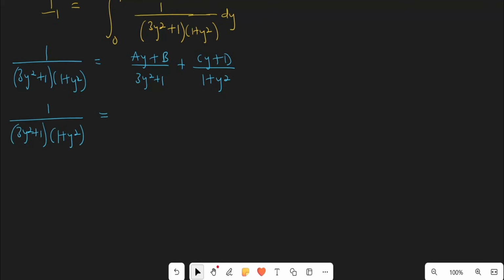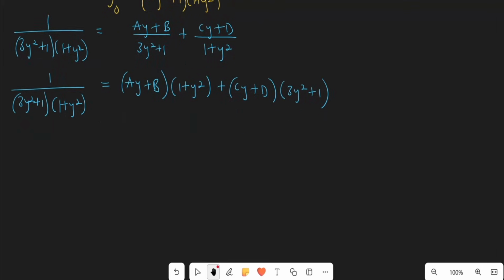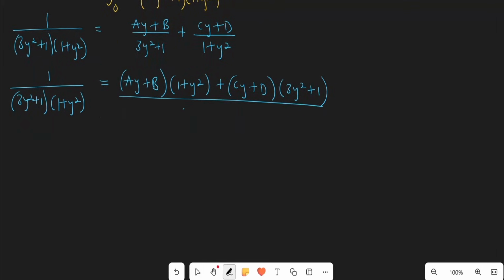This is the same as doing cross multiplication. We have ay plus b, multiplied by 1 plus y squared, plus cy plus d, multiplied by 3y squared plus 1. All this one is divided by the LCM, which is the product of these two quadratic terms, 1 plus y squared.